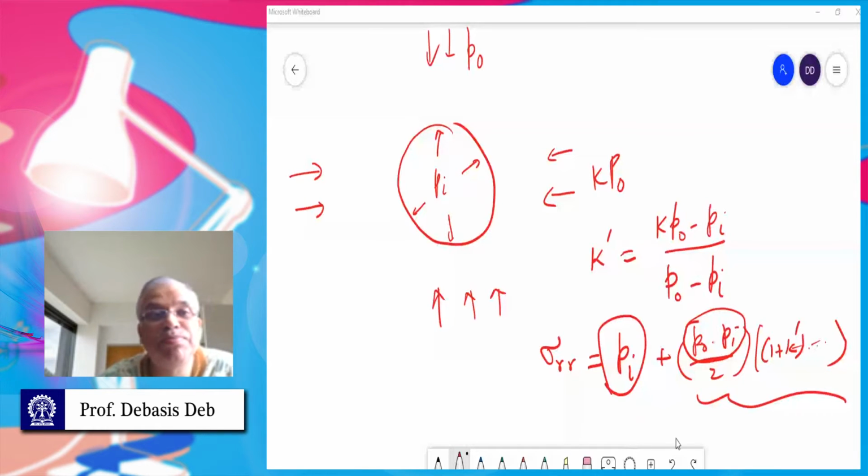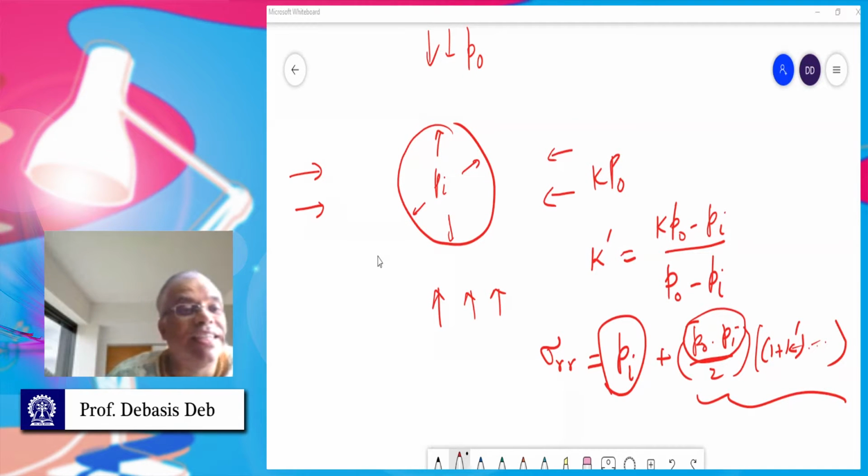If we add Pi into the system. So here, if you remember this K, let me take the K value 1 so that it will help you.